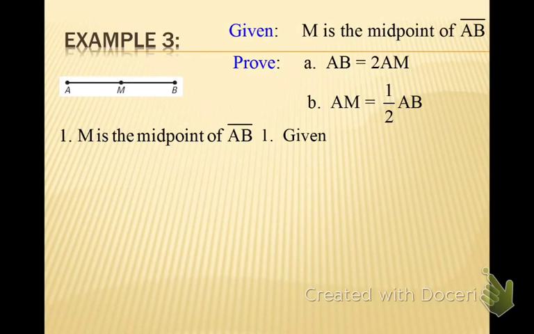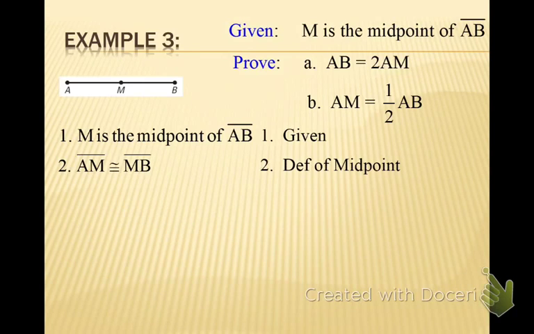If M is the midpoint in this segment, yeah, AM equals BM. Yes, AM equals MB or BM. And that's the definition of midpoint. If you say we have a midpoint, what does a midpoint do? It does that. That's the definition of midpoint. So we have AM congruent to MB.